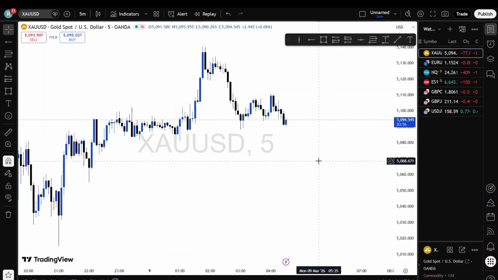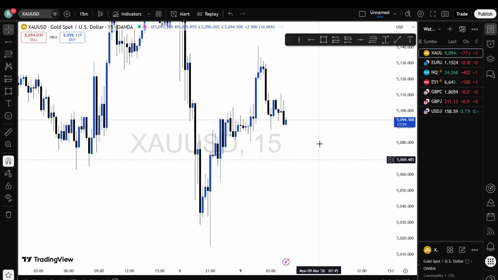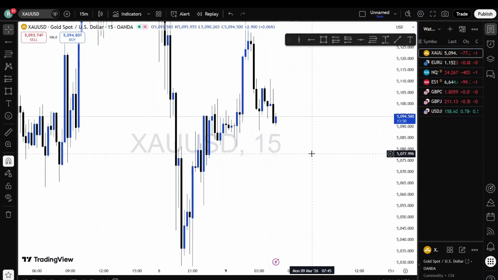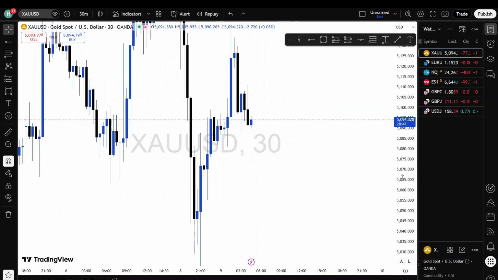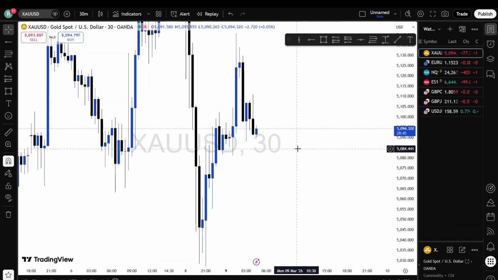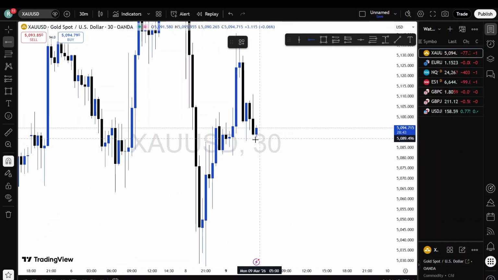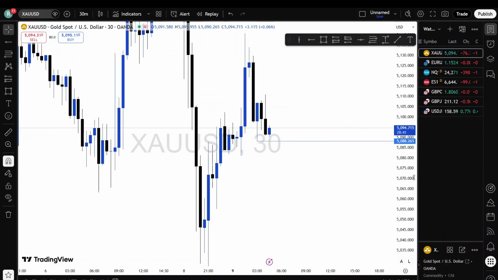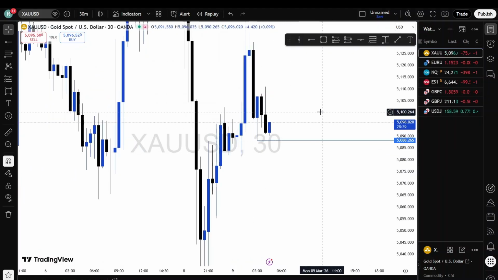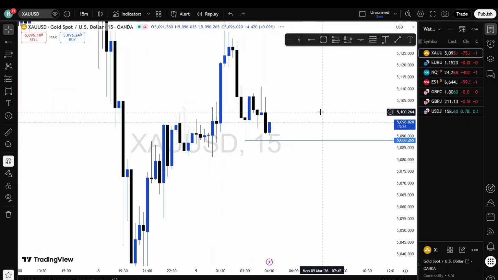This. Now let's check gold as well. Gold is just doing, you can say, time pass. I can plan a trade only after price takes this liquidity at this level.